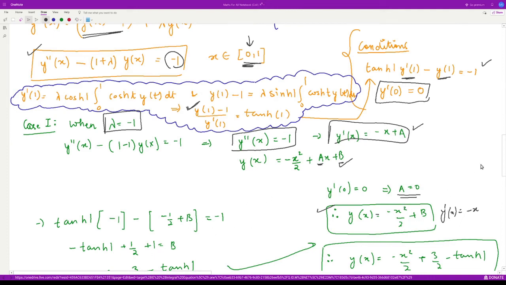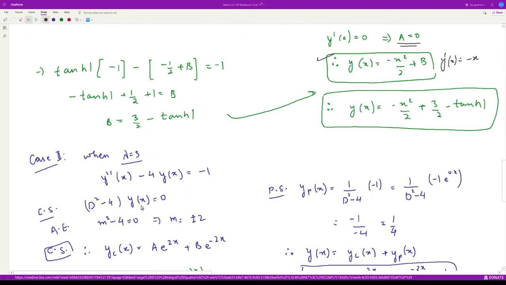So solving this and getting the value for b, what do we get? B is equal to 3 by 2 minus tanh 1. So substituting this value of b again into our y, we have y of x as x minus x square by 2 plus 3 by 2 minus tanh 1, right? This is the solution. So let us see our options.